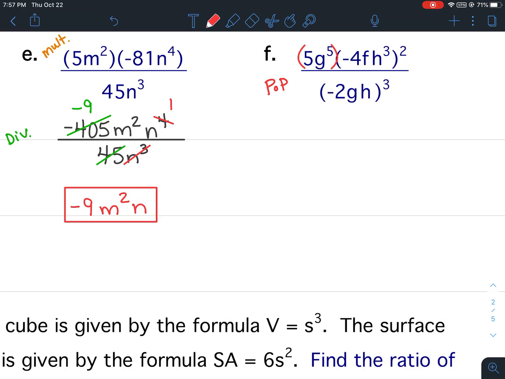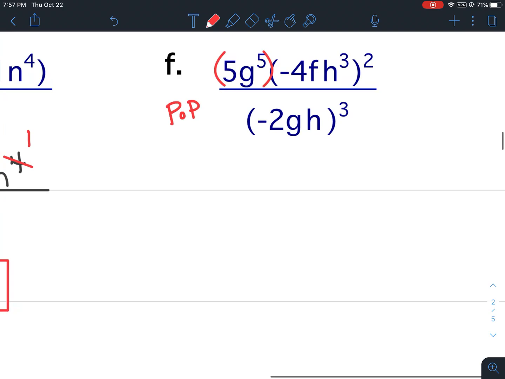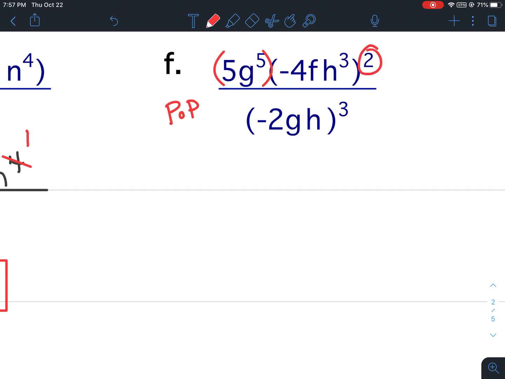Well, we've got to follow the order of operations, and the order of operations tells us to do the outside exponent first. So we're going to do it on top, also power of a product. We're going to do the power of a product on top, and the power of a product on the bottom. So the first thing I'm going to take care of is this monomial here.